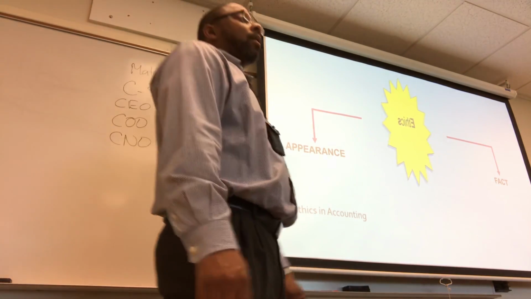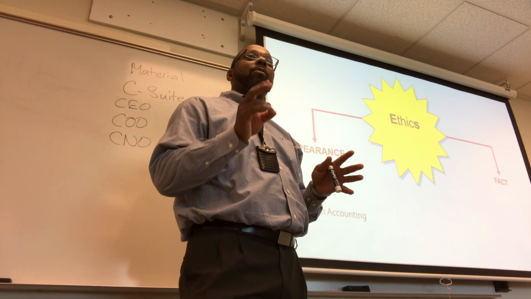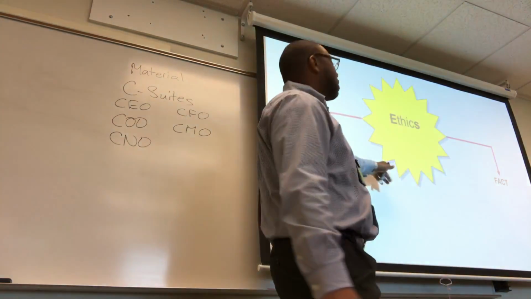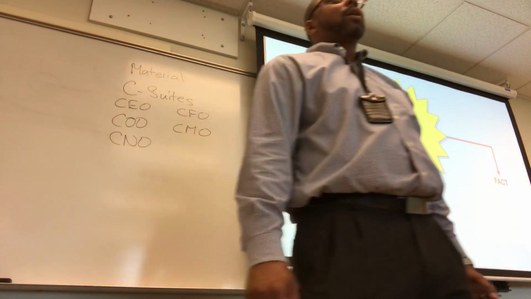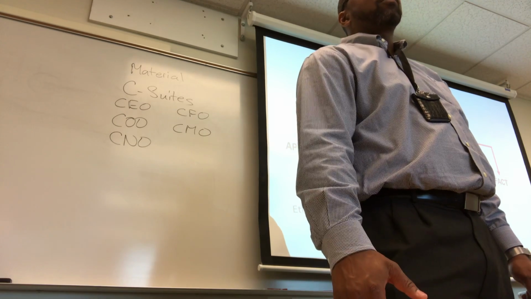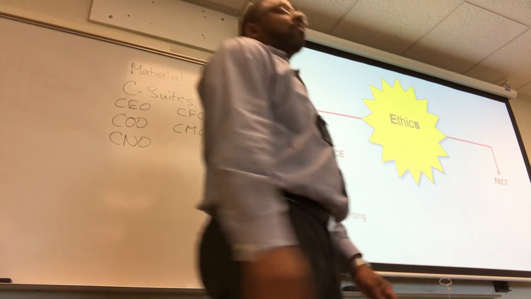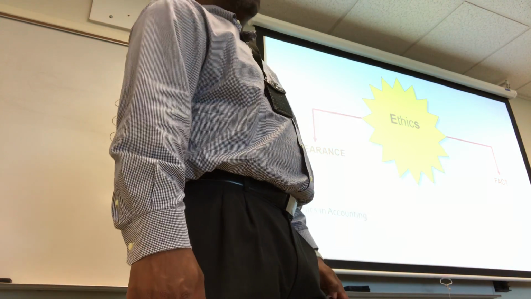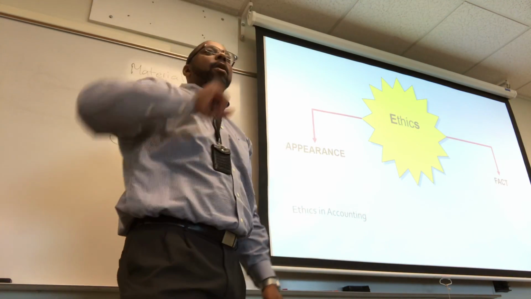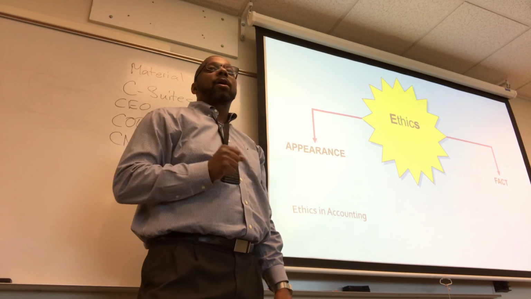Ethics. As I stated before, when it comes to information, it has to be relevant, reliable, and comparable. The reliable section of this, ethics, is a big base of it, right? The accountants have to be ethical. They have to be ethical in two things, fact and appearance, right? The fact might be that you're going down here to Wells Fargo to make a withdrawal from your account.